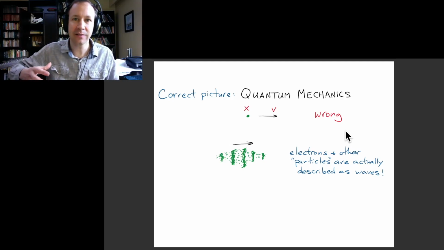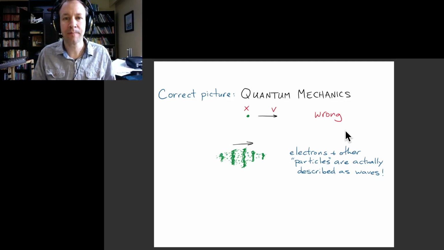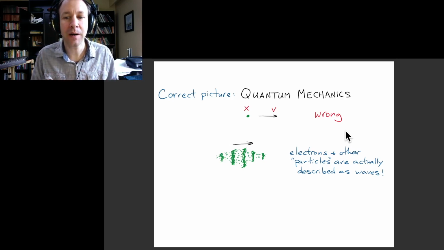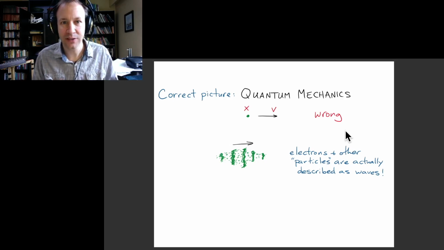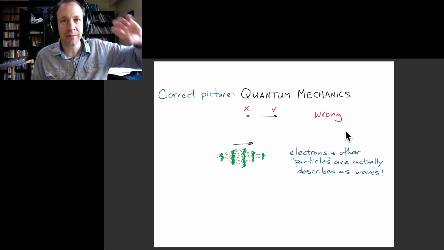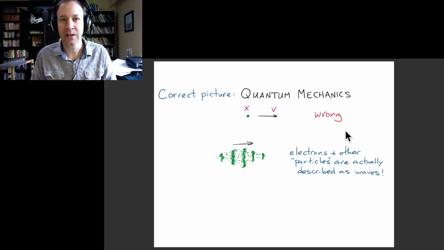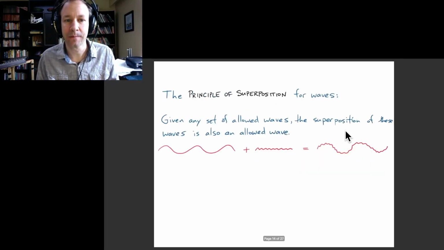So it turns out that in the correct picture, electrons and other particles are actually described as waves, just like our analogy between the sound and the light would suggest.